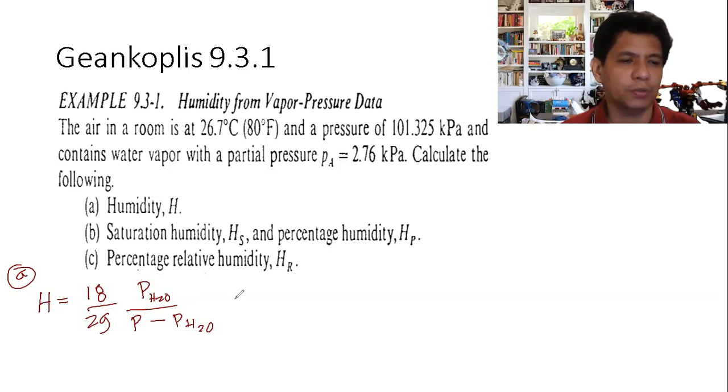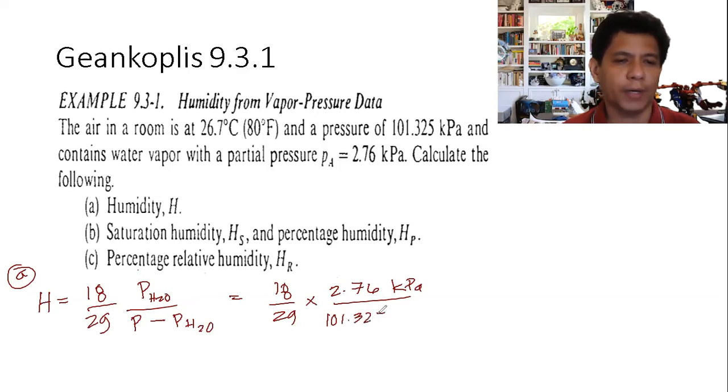So just substitute the given. It would be 18 divided by 29 times 2.76 kilopascal divided by 101.325 kilopascal minus 2.76 kilopascal.